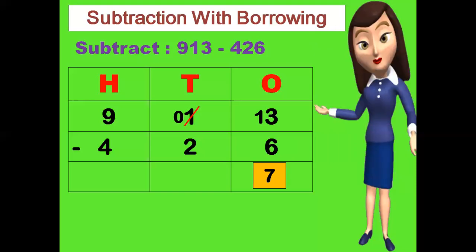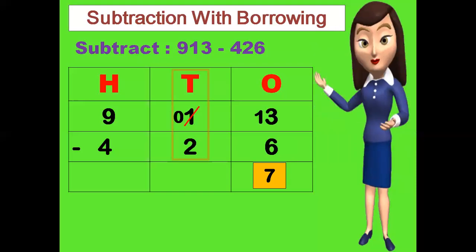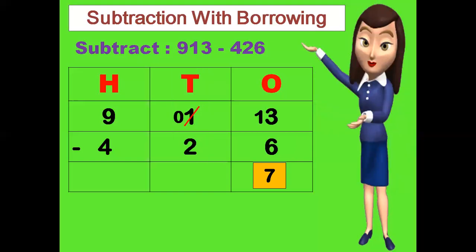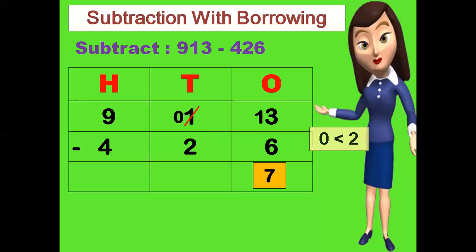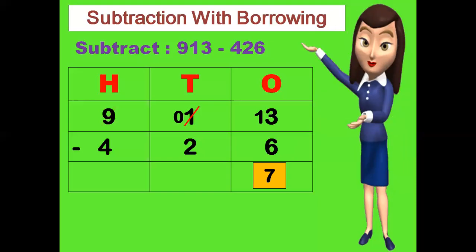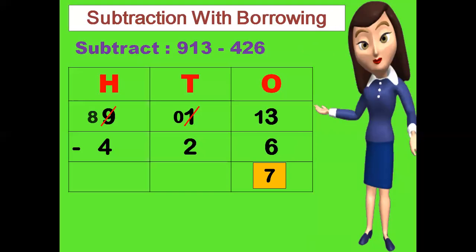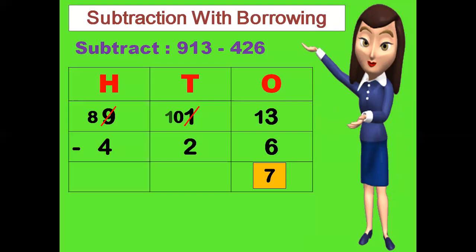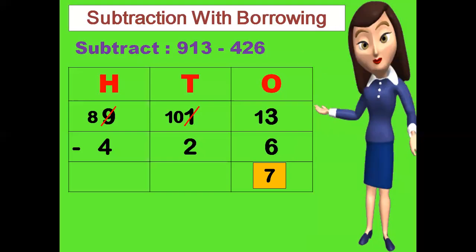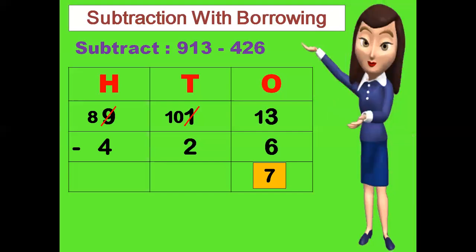Now subtracting tens from tens. Again here we know 0 is less than 2. So here 0 borrows 100 from 9. So 9 becomes 8 and 0 becomes 10.